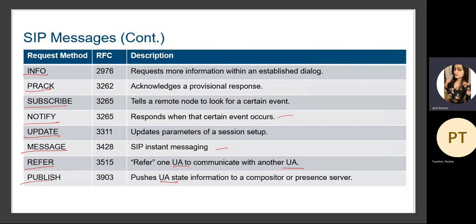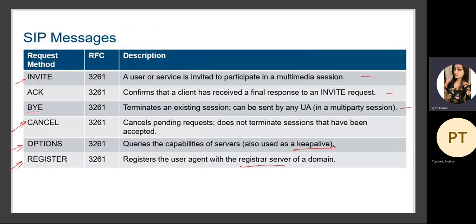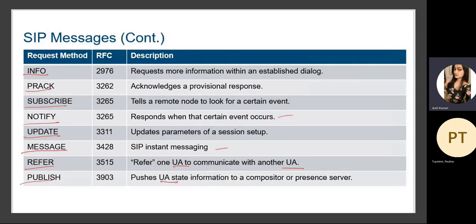So that is the PUBLISH information. If I want to see any user's presence information, that can be done using the PUBLISH message. So these are the different SIP messages: INVITE, ACK, BYE, CANCEL, OPTIONS, REGISTER, INFO, PRACK, SUBSCRIBE, NOTIFY, UPDATE, MESSAGE, REFER, and PUBLISH.